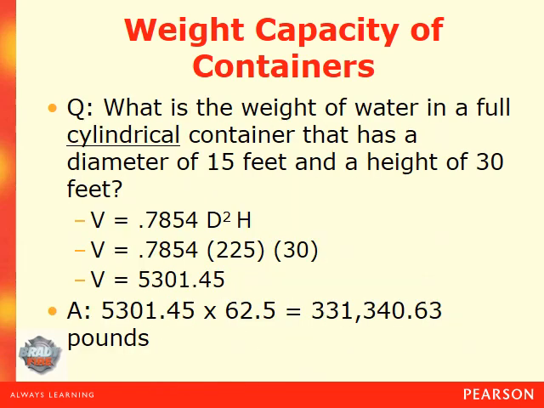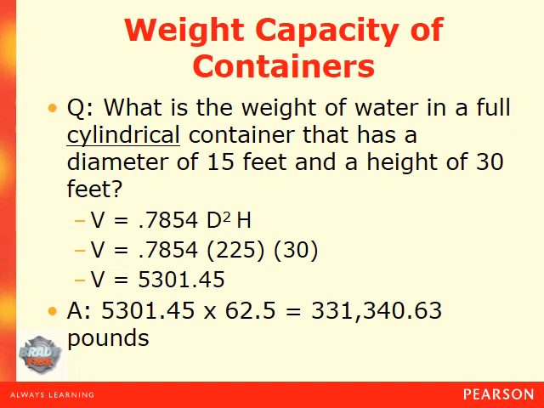All right, a cylinder container is going to be the same way, okay? Diameter of 15 feet and a height of 30 feet. So volume, we have to get that by doing 0.7854 times the diameter squared times height.